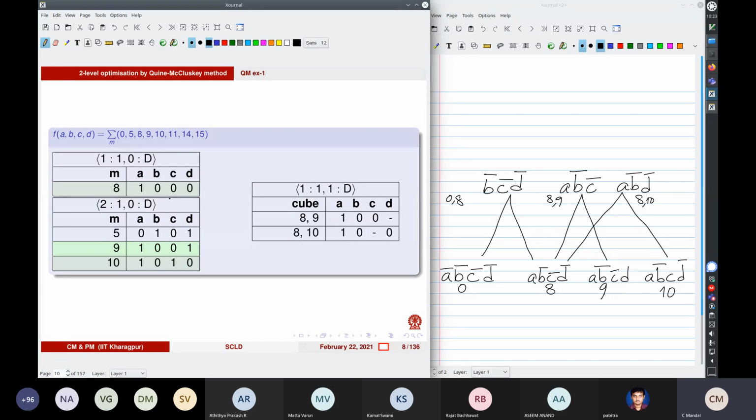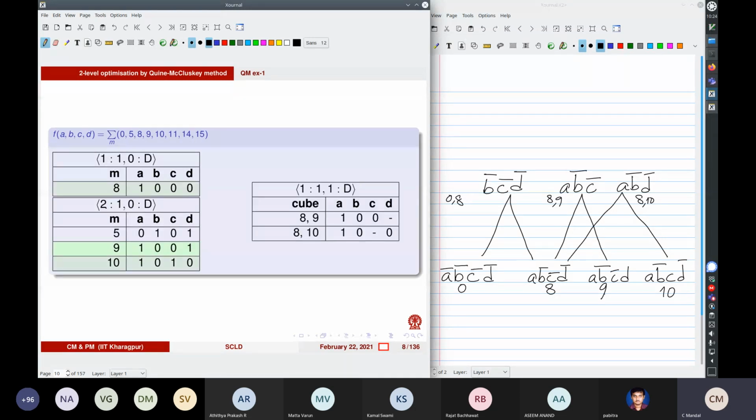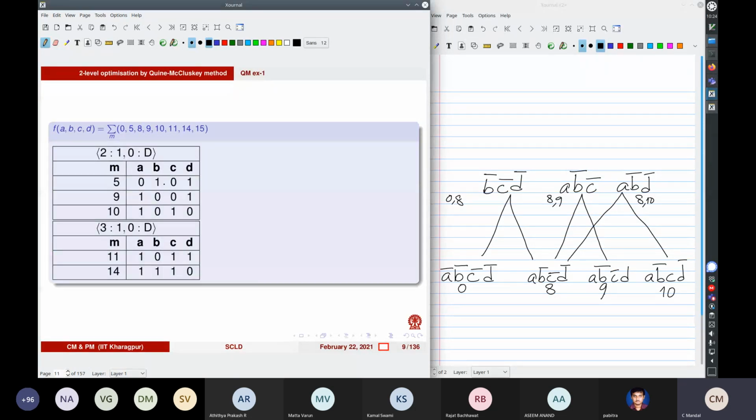So these are the cubes that you get. Now we progress further. We consider cubes that are adjacent to 5, 9 and 10, because these are the cubes with two number of ones, and then we consider cubes with three number of ones.